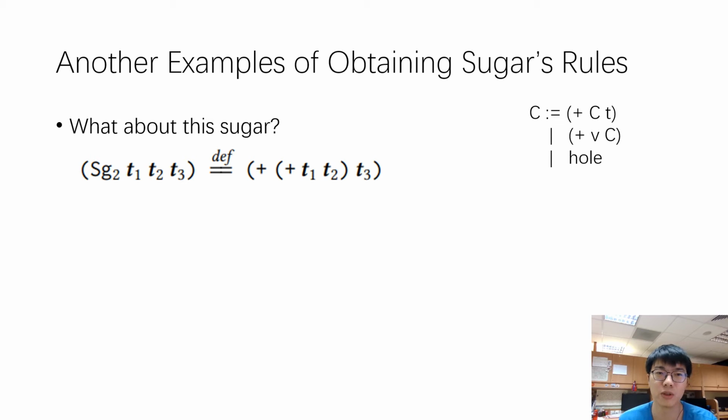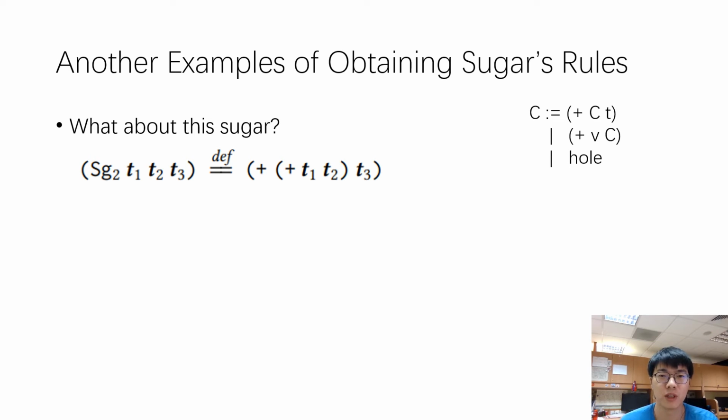Okay, here's sugar 2, where the sum of T1 and T2 is added by T3. Can you see the difference during the process of get rules? I'd like to pause for 10 seconds. Okay, you may have found the difference.